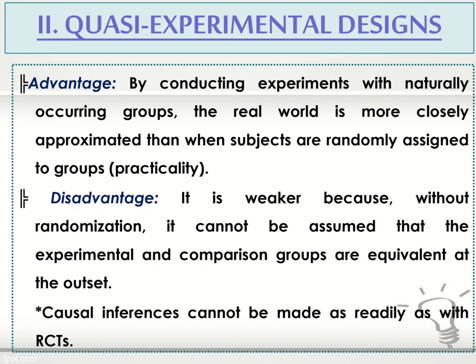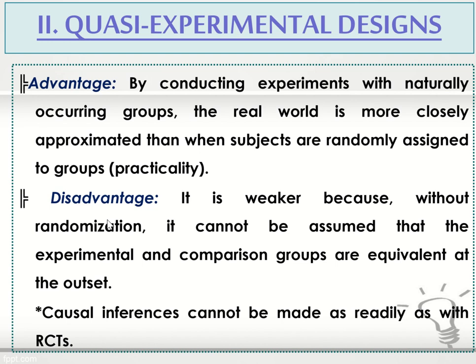Ano yung advantage ni quasi? By conducting experiments with naturally occurring groups, the real world is more closely approximated than when subjects are randomly assigned to groups. So, mas practical, kumbaga si quasi. So, the quasi-experimental design is weaker.